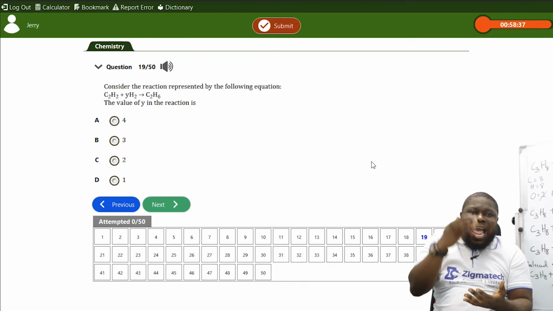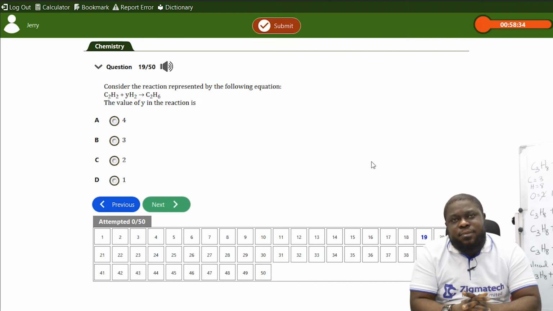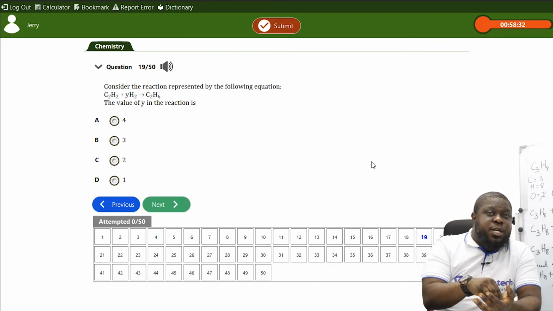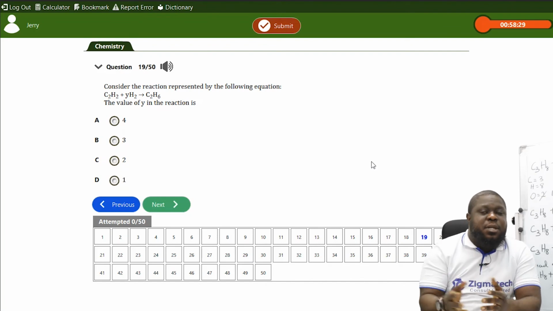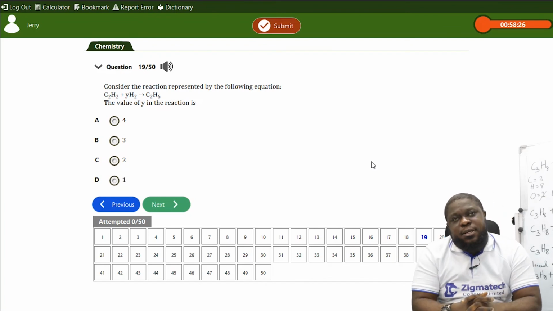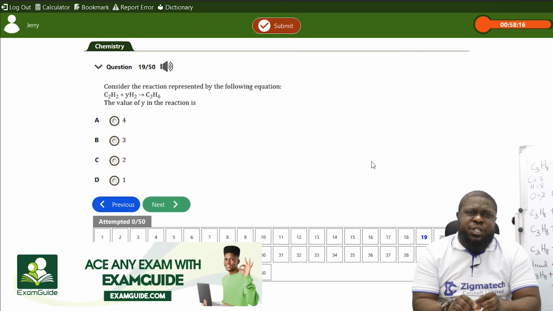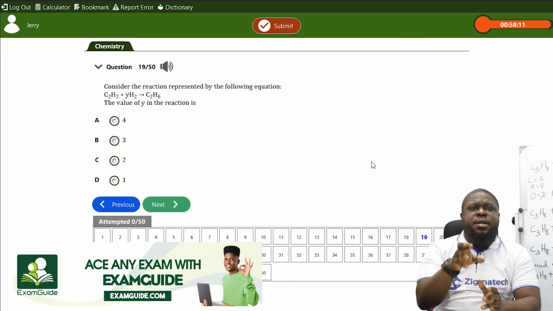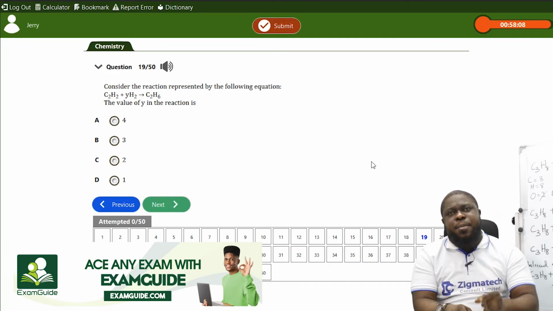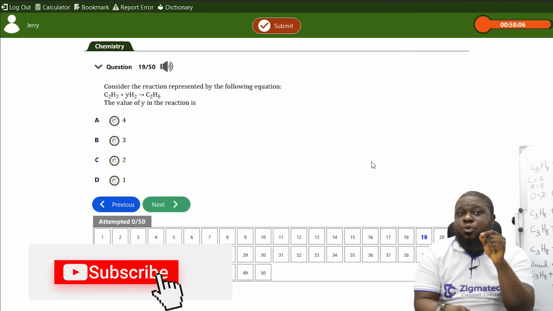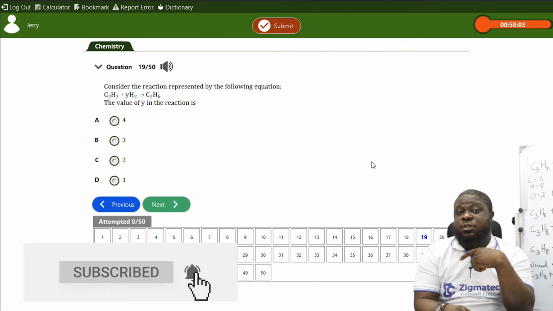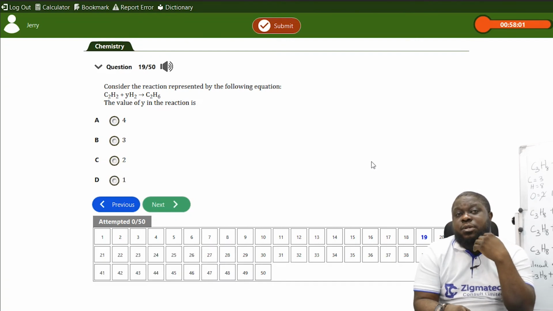What are you going to multiply by 2? That y signifies what you multiply by 2 that will make the hydrogen the same on both sides. If y is 4, 4 times 2 will give you 8, then the 2 will still give you 10.